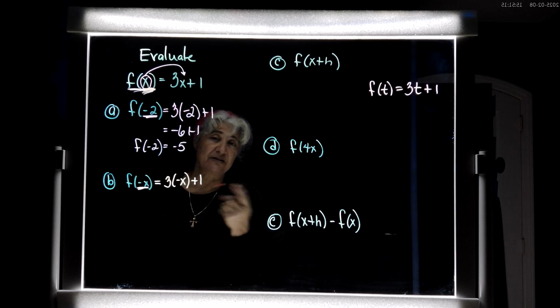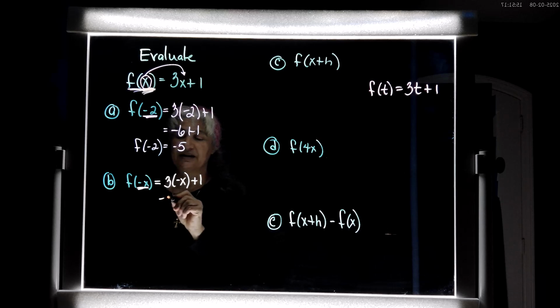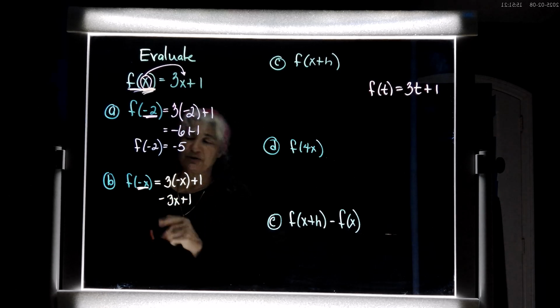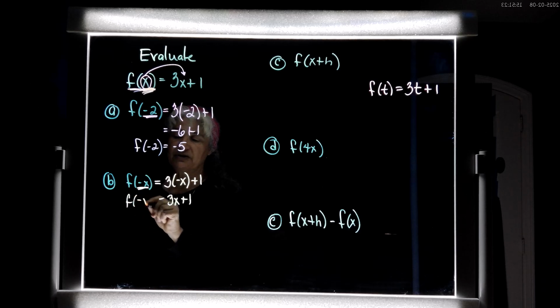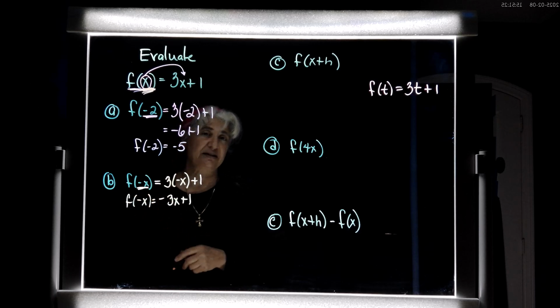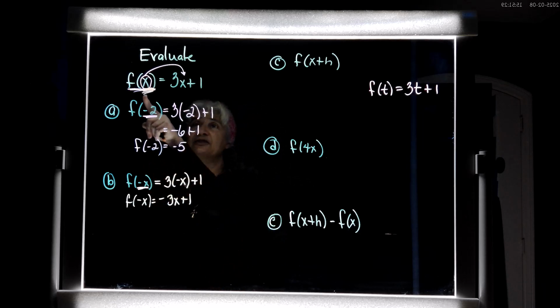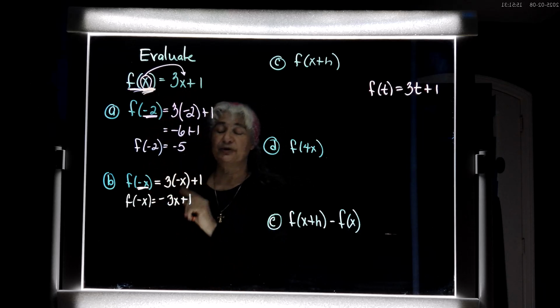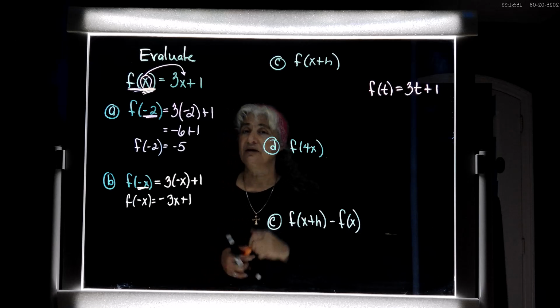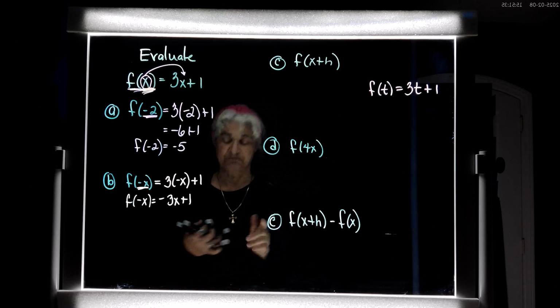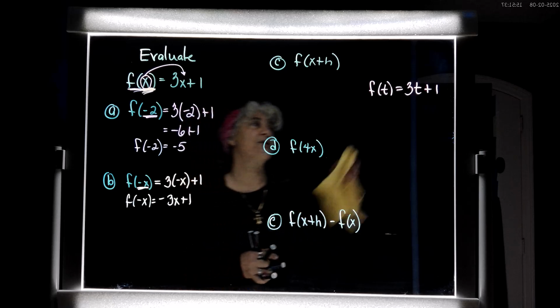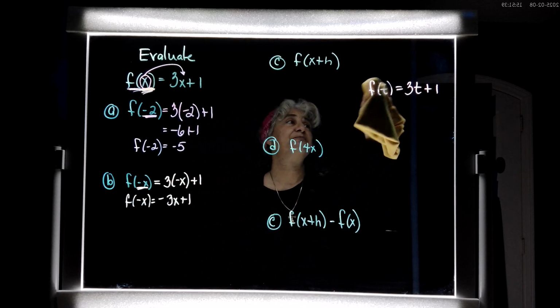Now, 3 times negative x is just negative 3x plus 1. There's not much more simplifying I can do there, and so be it if that's the case. So when I substituted in a negative x to the original function, I ended up with negative 3x plus 1. Good, does that make sense? Okay, got it.